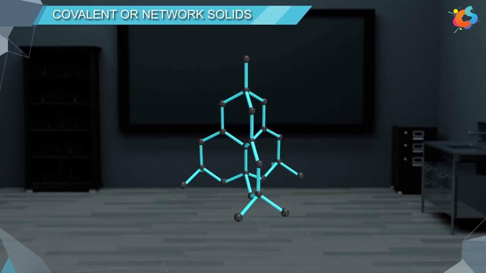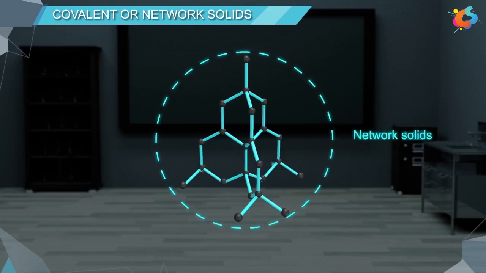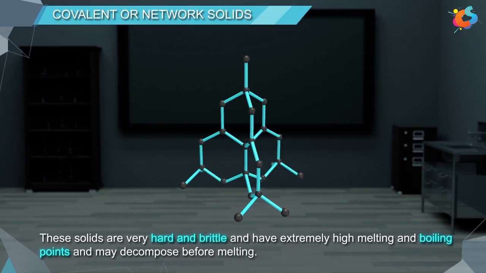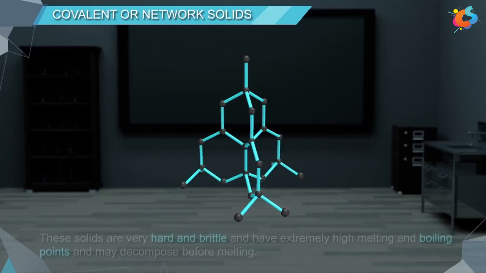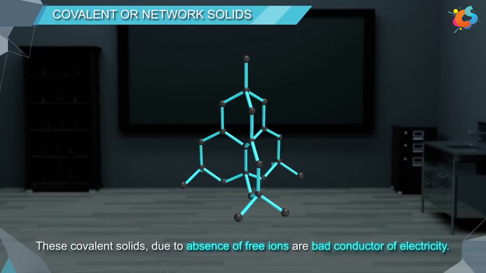Due to large network of covalent bonds, these solids are also known as network solids. These solids are very hard and brittle and have extremely high melting and boiling points. These covalent solids, due to the absence of free ions, act as bad conductors of electricity.